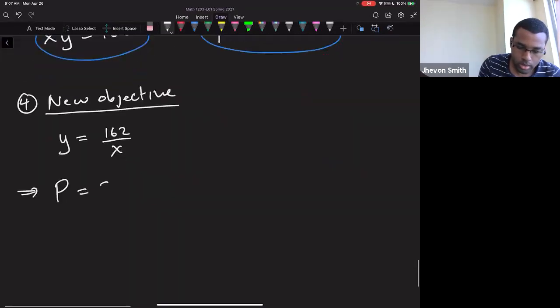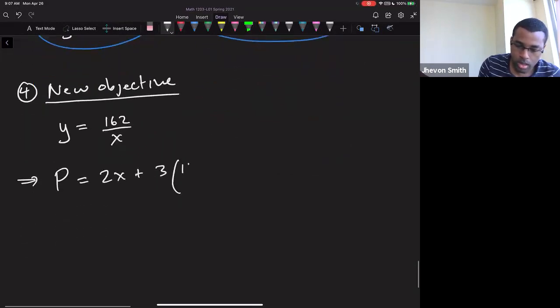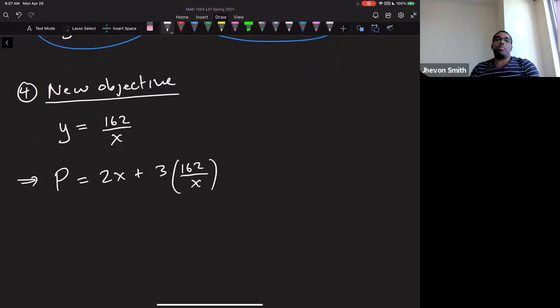Two x plus 3y. Looking at that, it was probably a little bit nicer to solve for the x instead, because you have the 2 times 162 instead of 3 times 162. I don't really think it's a big deal though.